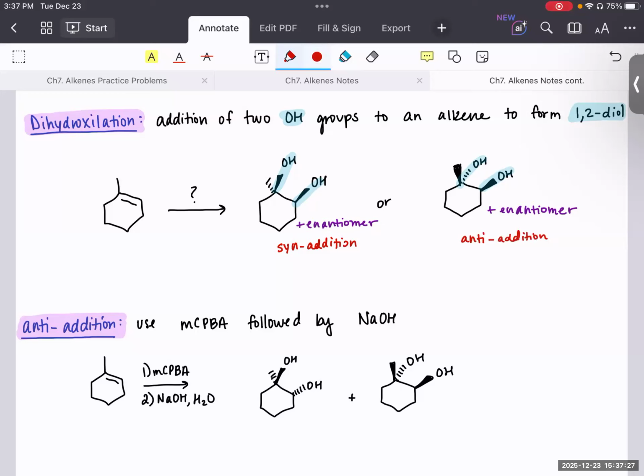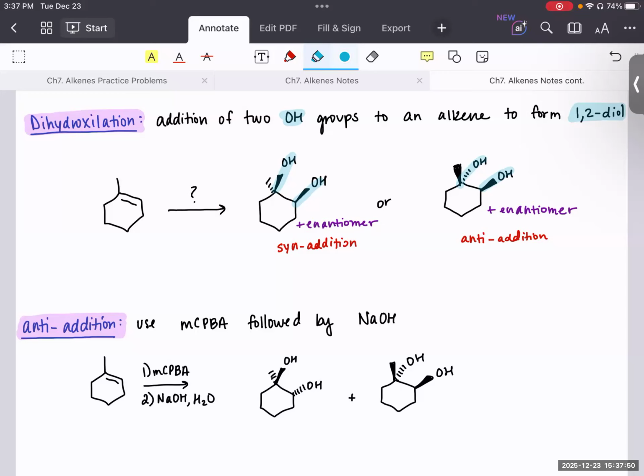We're going to talk about both methods of making these two different diols. I intentionally kept no reagent here because we obviously have to use different reagents to create those two different combinations. If you're working with a practice problem where you have to create one of these diols, the first thing you should identify is whether they're syn or anti to each other.